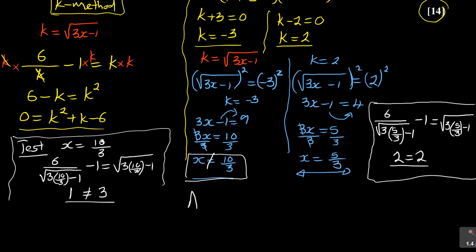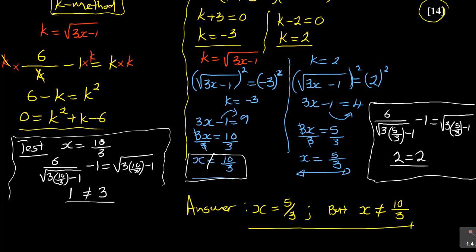Okay, use a different marker there. You are going to write your answer and say x is equal to 5/3, and then you are going to say but x is not equal to 10/3. So this then becomes your answer.